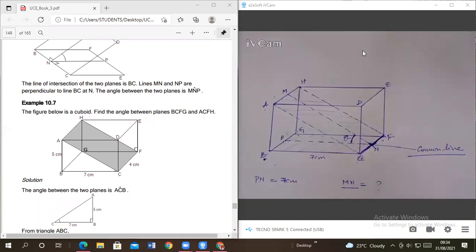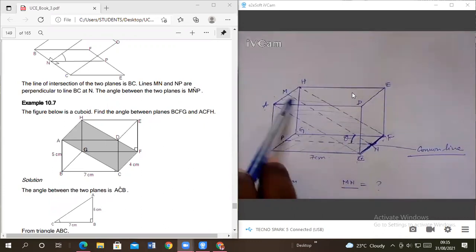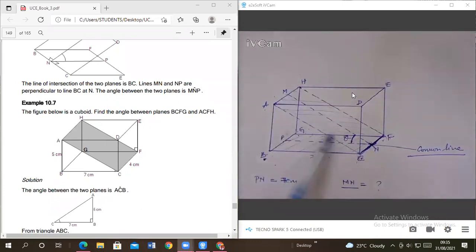So now we are going to find the line MN. When you look at line MN here, the length of MN is the same as the length of AC, isn't it?